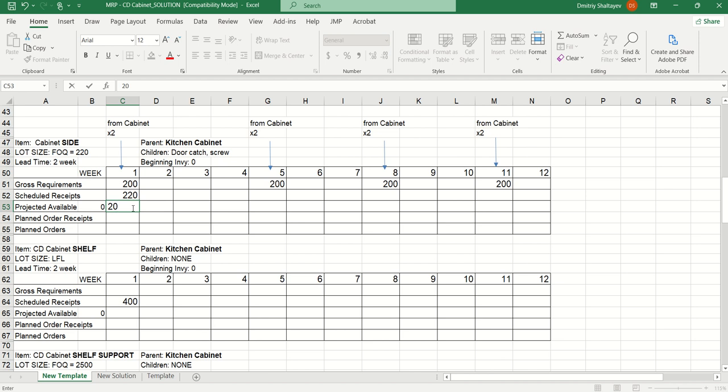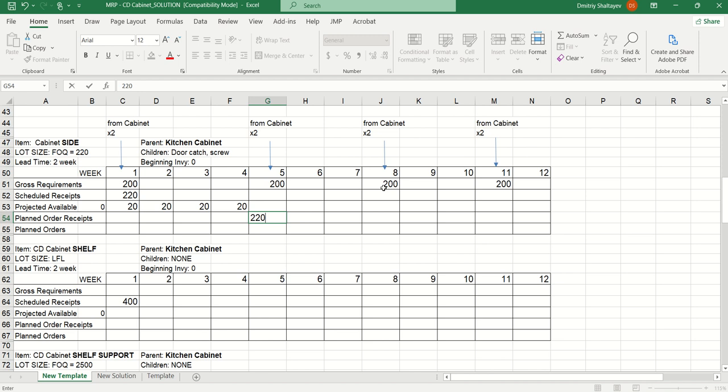So let's go ahead. Week number 2, no production is scheduled, which means I still have 20 units sitting there. And week 3 and week 4, so these 20 units are still there. In week 5, I do not have enough, which means that now I'm planning to receive 220 units, right?